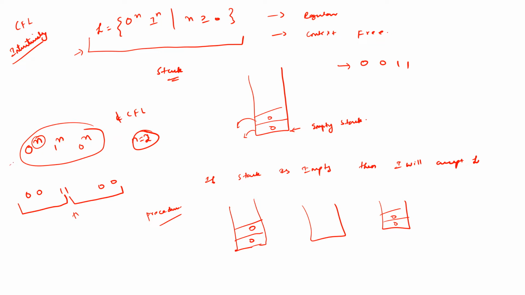Given a string of the form 0^n 1^n 0^n, my procedure is whenever I see a 0, I push to the stack. Fine. And whenever I see a 1, I pop from the stack. If I follow this procedure, once I consume this part of the string, 0 0, I have pushed to the stack, so my stack contains two zeros.